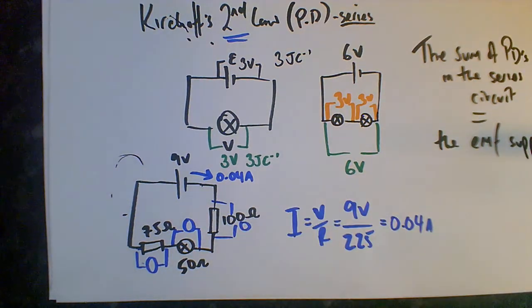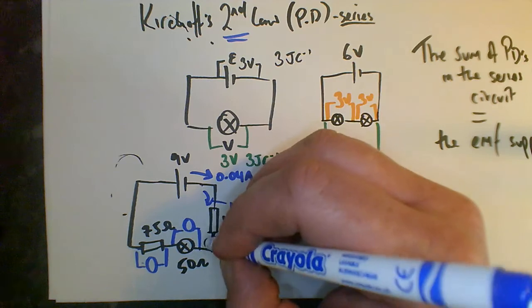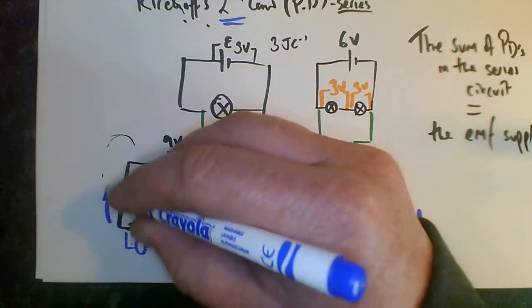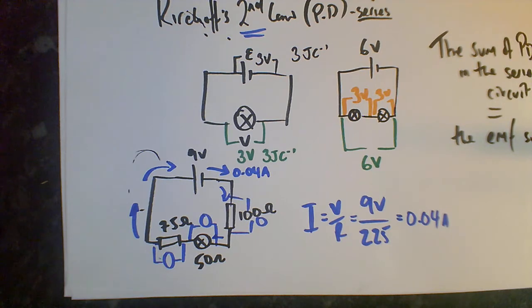But what's the split? If we know the current, we know the current is going through each one the same. The current in a series circuit doesn't change. That's one of our circuit laws. So it's always going to be the same current going around the circuit there.